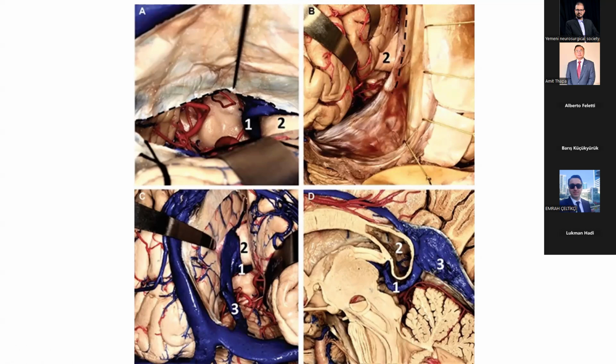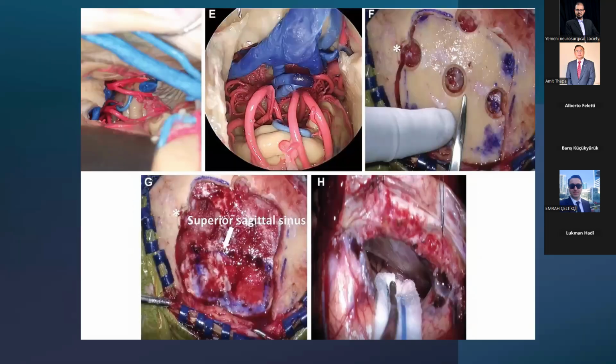But is it the only landmark? So here we see an interhemispheric approach in a real case, and the first two top pictures on the left are anatomical dissections. So let's go deeper.